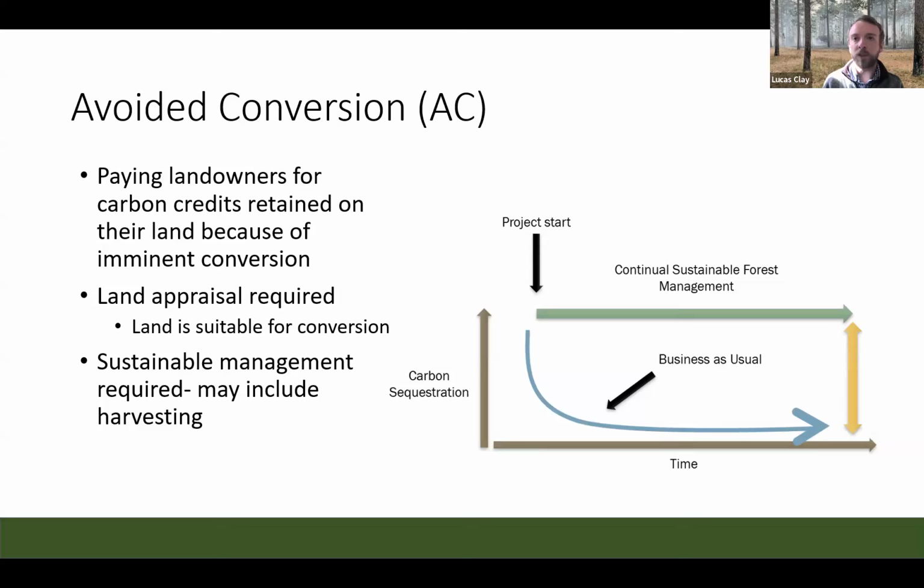So because of this, this project type allows that land to consider their business as usual as zero carbon, because they're going to be removing all of the carbon from that landscape. So in this case, because business as usual is set at zero, the project would allow that landowner to be paid for all of the carbon on their property at that time of the potential conversion. And then the project requires them to continue sustainable forest management going forward through the lifetime of the project.